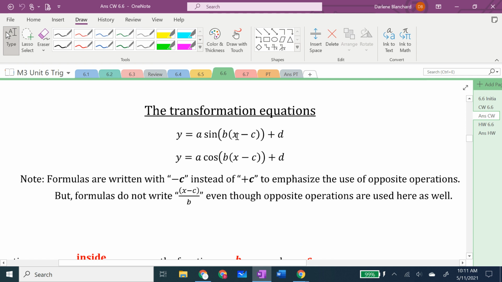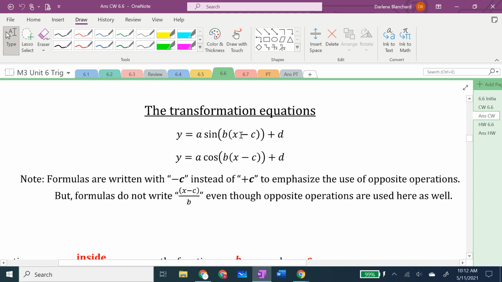And so every time you're dealing with an operation with x, you have to perform the opposite operation on your x coordinates. But every time you see an addition or a multiplication outside the function, which is what a and d are, a and d are arithmetic taking place after a graph has been positioned. You do exactly what they say to the y values.